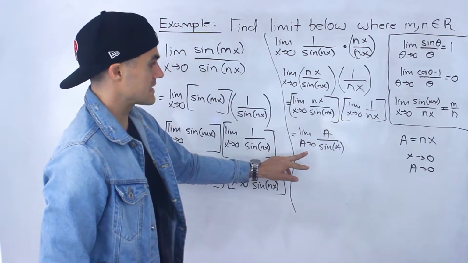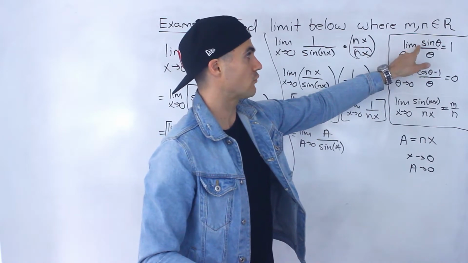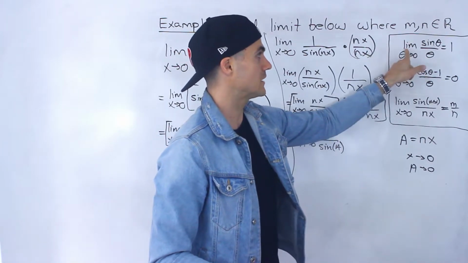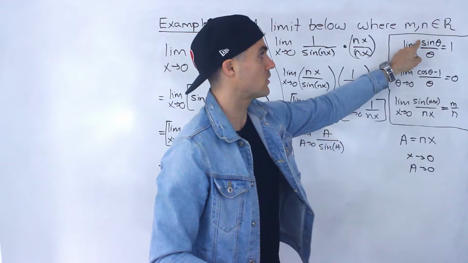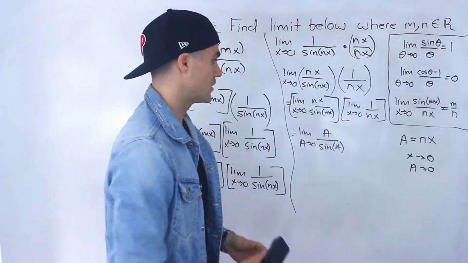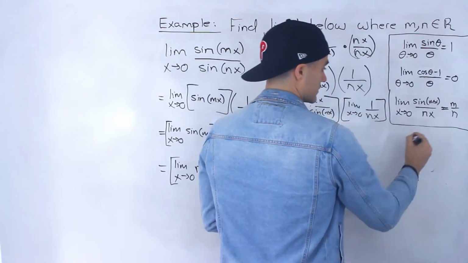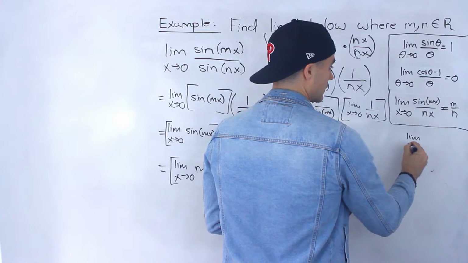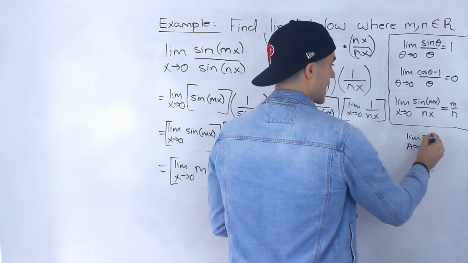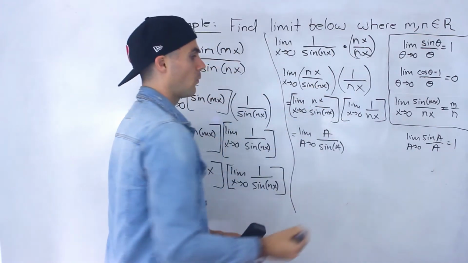So notice that this is almost in this format, but it's not really, because over here we have limit as theta approaches 0 of sine theta over theta equals 1. Or if we're using a, we know that the limit, if I sub in a for this theta, the limit as a approaches 0 of sine a over a is equal to 1.